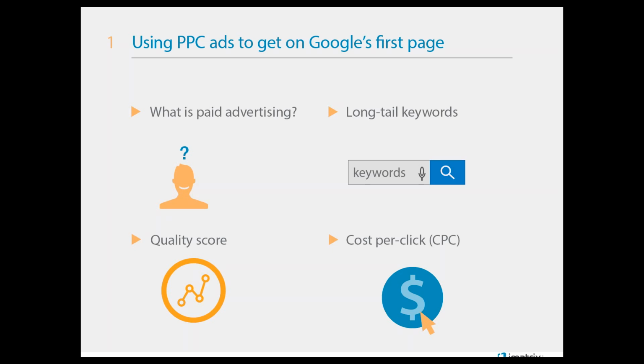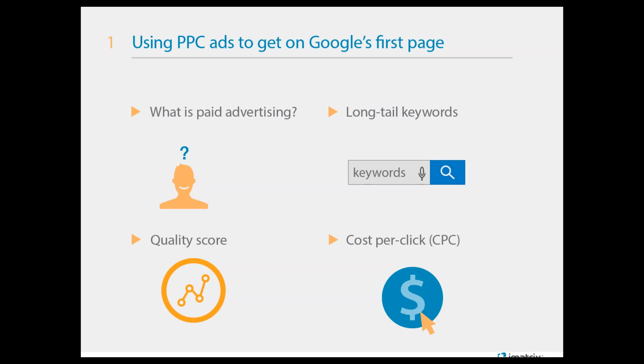Pay-per-click advertising involves things like long-tail keywords, which are very specific 3 to 4 word phrases that visitors use when they know exactly what they're searching for. And we can talk a little bit more if you guys have some questions on what some examples of those will be. Another thing that's really important is quality score. And that's a major factor in determining where an online ad will be ranked once a search engine results, when someone searches for these keywords.